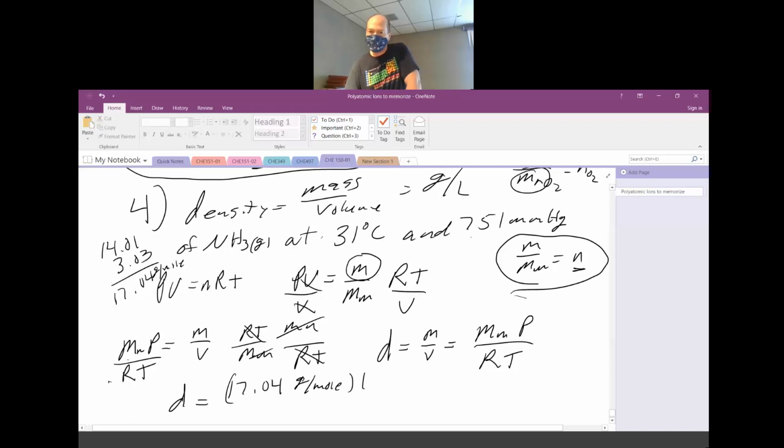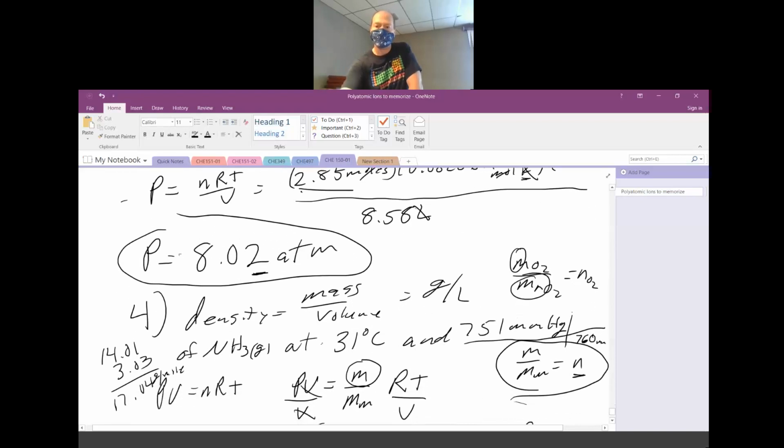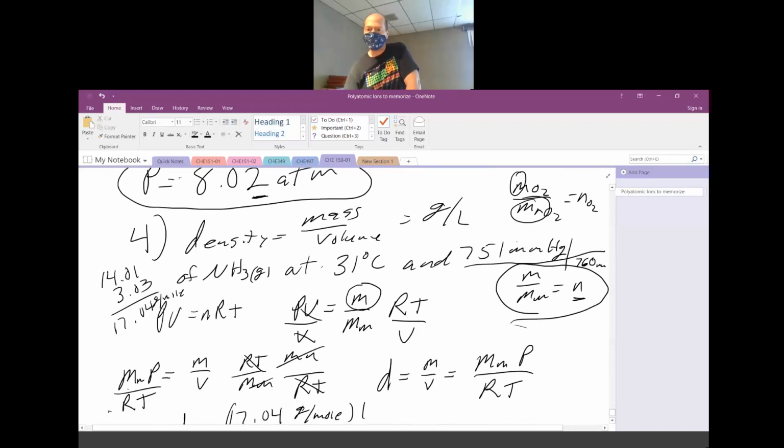Pressure, we just said above, the one thing that you have to memorize is how to get from millimeters of mercury to atmospheres. And so in order to do that, you got to take your 751 divided by 760 millimeters of mercury in 1 atmosphere. So you got to divide that by 760 in order to get atmospheres.